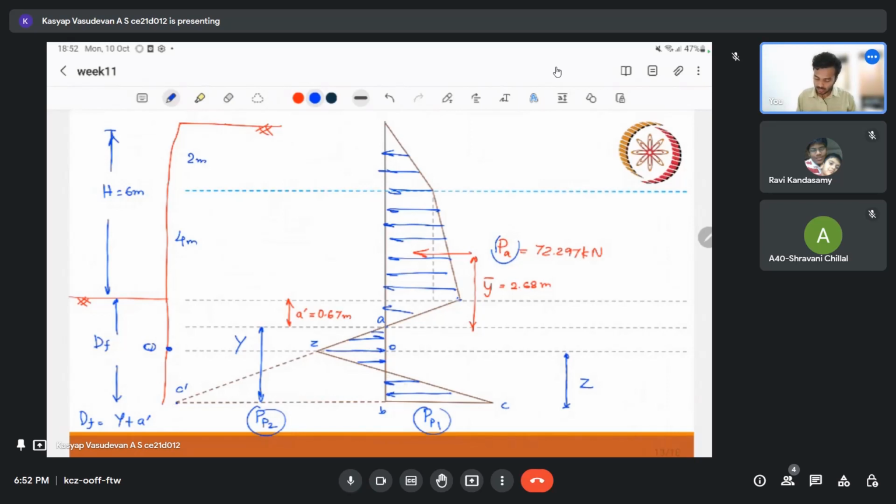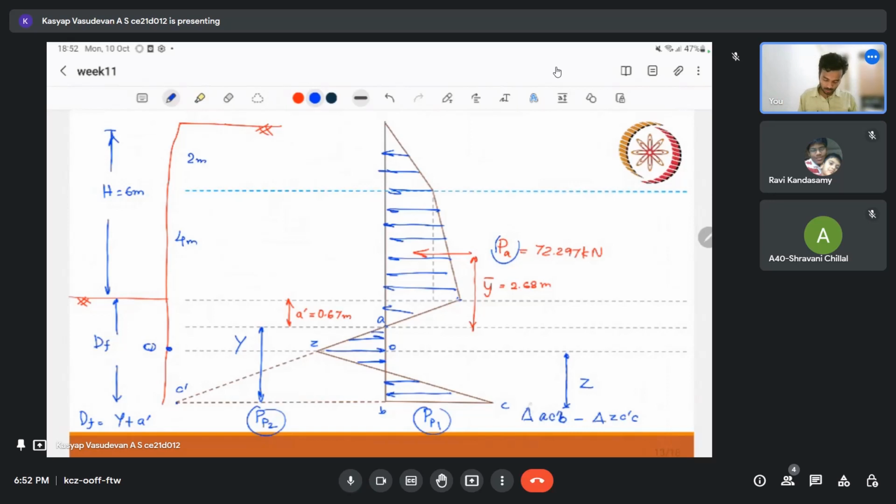I can subtract triangle A C dash B minus triangle Z C dash C. If we do that, we will get the direction in terms of the other direction.